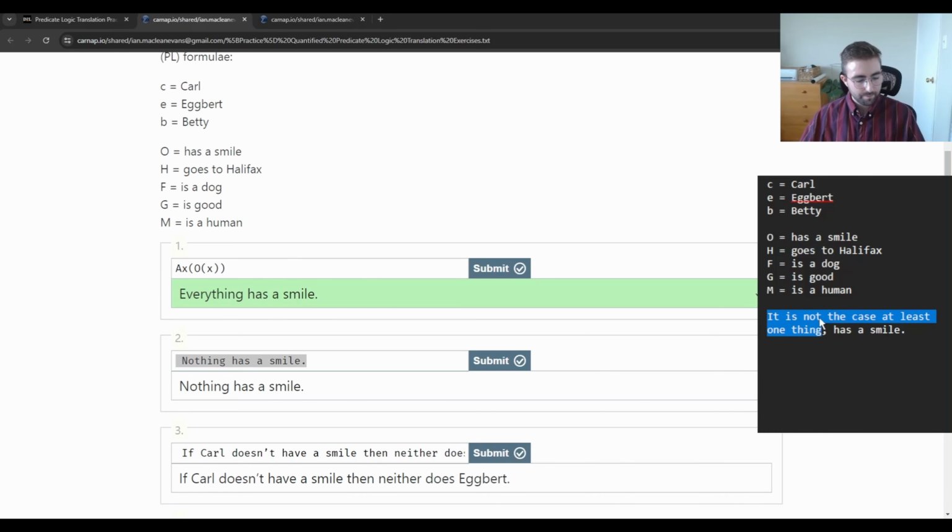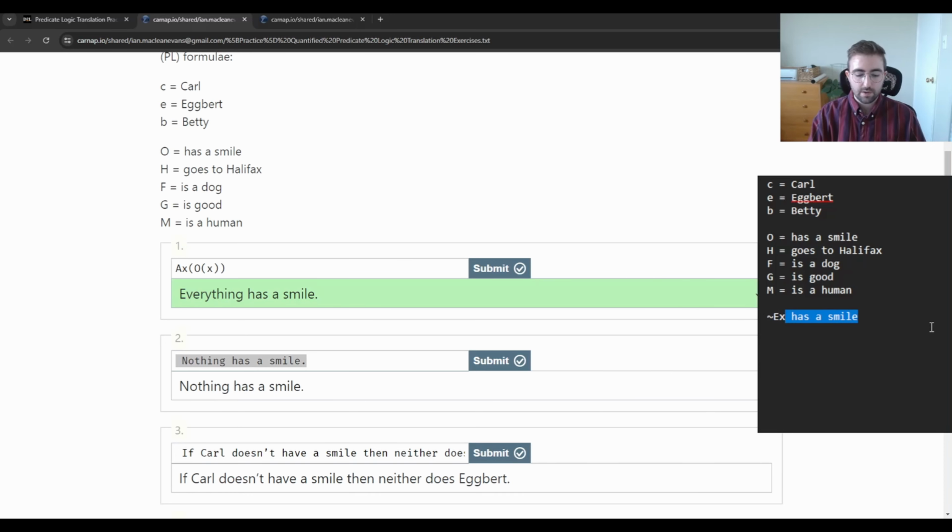This is saying it's nothing. Nothing has a smile. So let's translate that first. So we would get not at least one thing has a smile. And then we know has a smile is again O. That's the predicate. And again, we're not talking about any constants. We just have a variable because we're not talking about any specific thing.